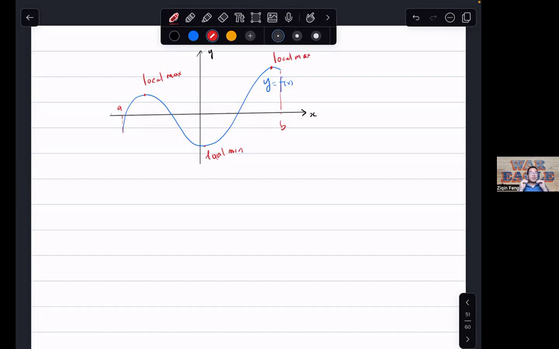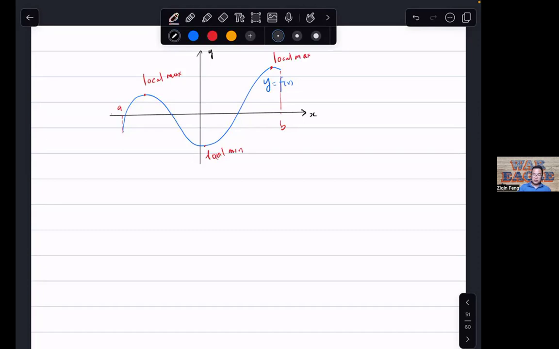Now you can see that whenever you have a local max or local min, and sometimes you do have an absolute maximum or absolute minimum, inside (a, b), not at a or b, the tangent line is always horizontal.